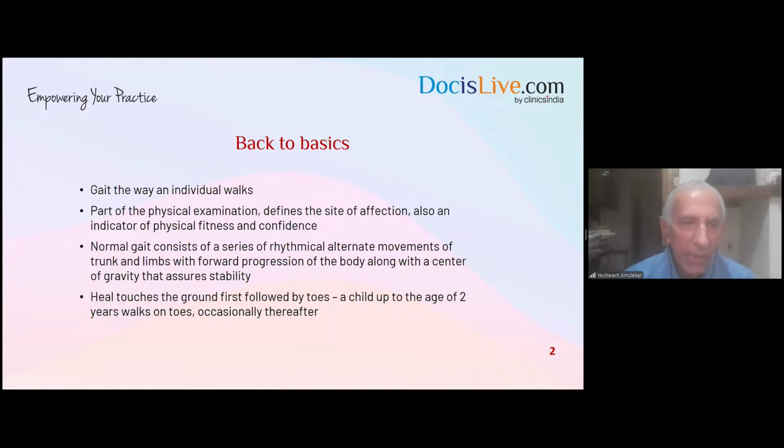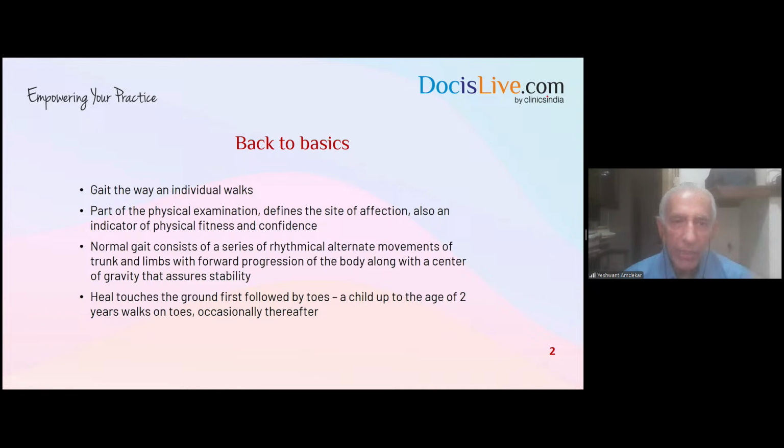If you look at what gait really means, it's the way the person walks. There are many things that can be observed during this kind of gait. This is one important part of the physical examination, especially if the patient comes walking: you start looking at him and you can make out many other things.